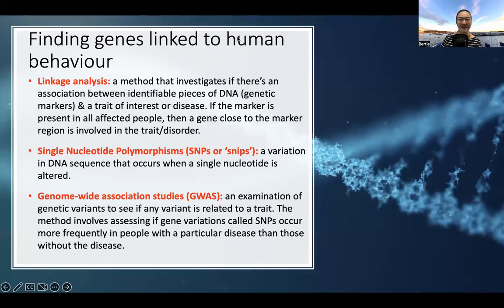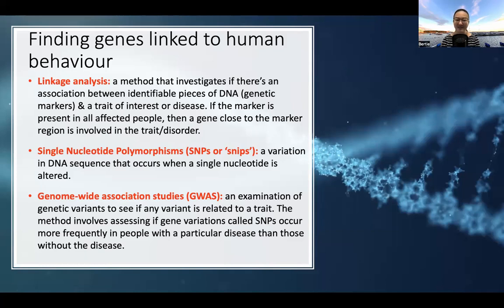Finding genes linked to human behavior. Linkage analysis is a method that investigates if there is an association between identifiable pieces of DNA, genetic markers, and a trait of interest or disease.